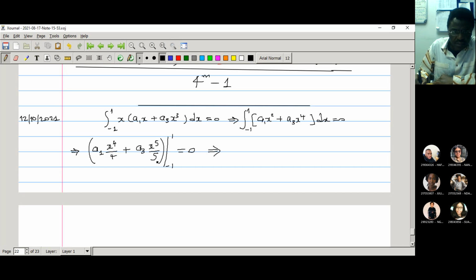Now, you agree with me here that when we take this expression at 1 and at -1, the first one we have A1, and then if I take this, it will give me 0.